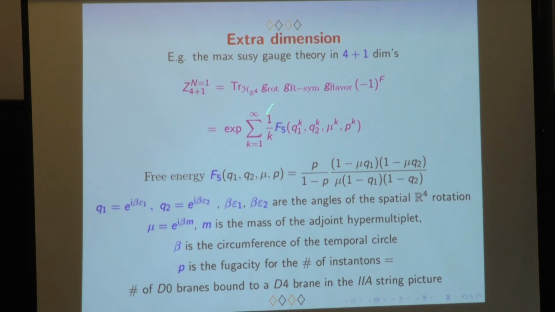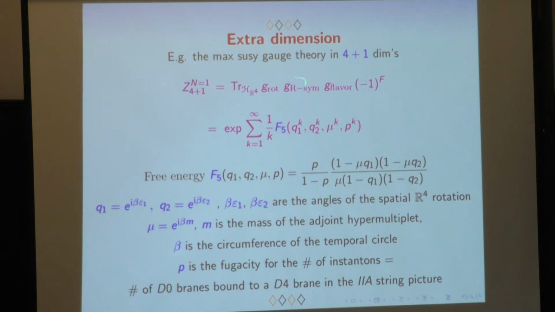And so the parameters which we have at our disposal are two angles of rotations of R4, which here I will parameterize in the multiplicative form, in the exponentiated form. The chemical potential for the number of instantons, or D0 branes in the type 2A string picture, the fugacity for the number of instantons, I call it P. And another parameter, the chemical potential for the flavor symmetry, which in four-dimensional terms would be the mass of the adjoint hypermultiplet.